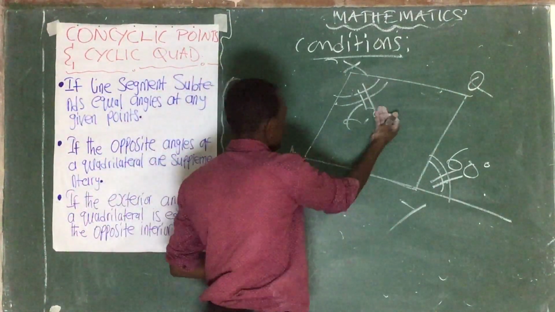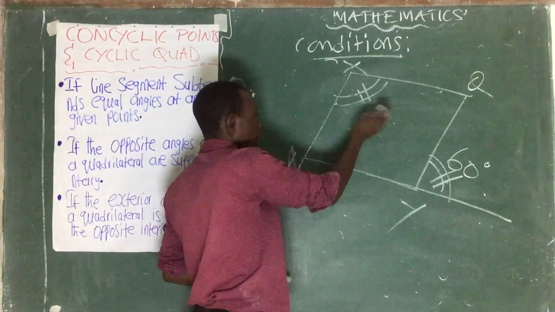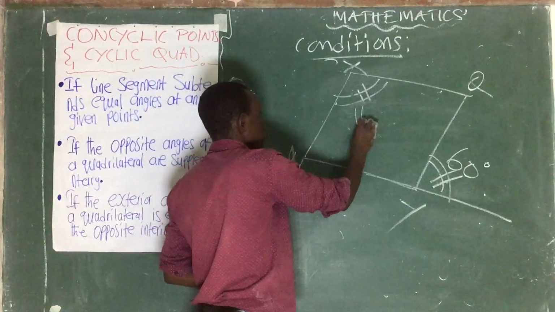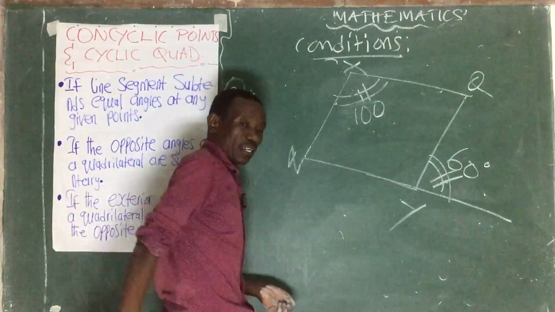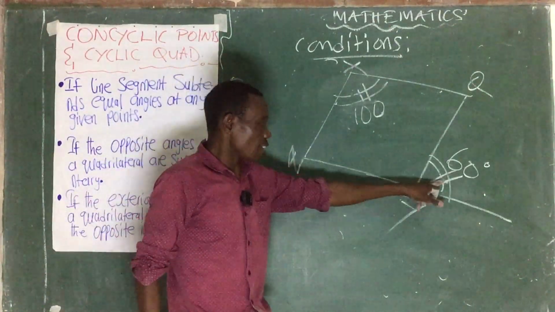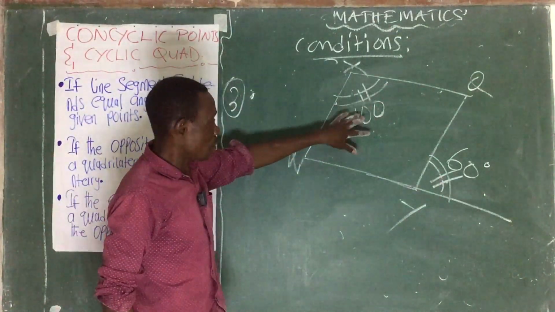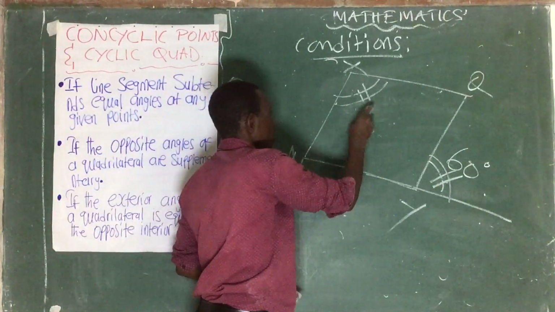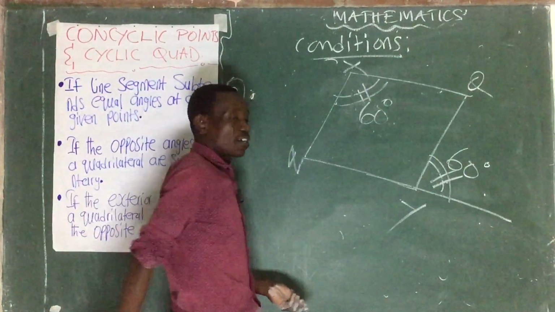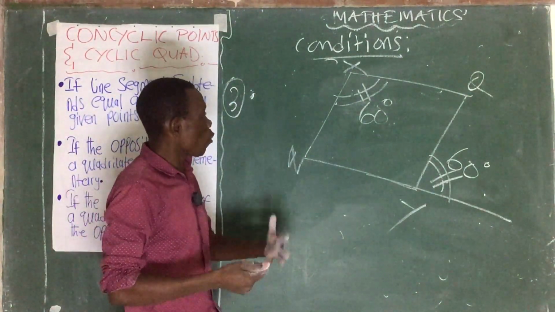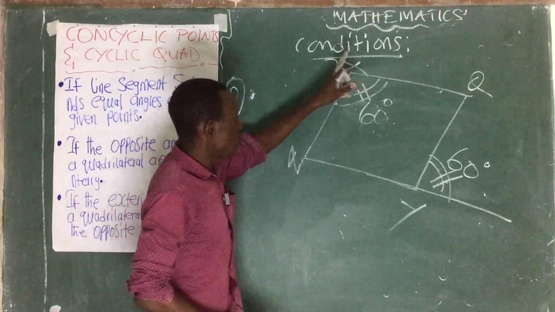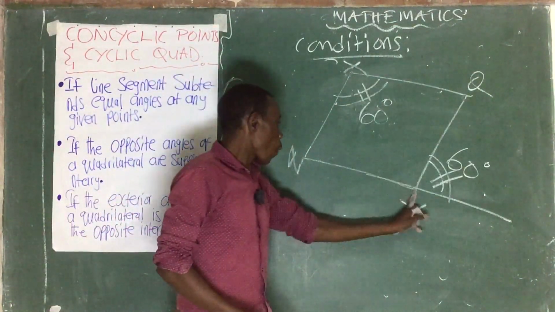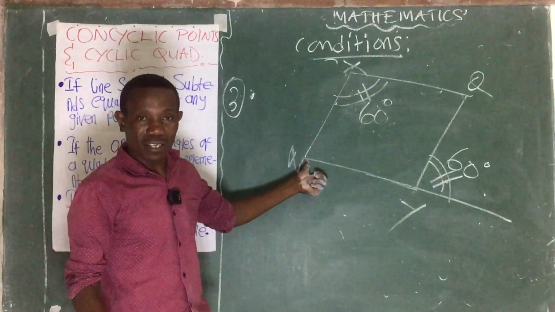But now if this is 60, this is maybe a different angle, maybe 100, you know for sure this is 100, this is 60. This cannot be a cyclic quadrilateral, but we expect this one to be 60 degrees. Right. Then you also describe the points X, Q, Y, N as concyclic.